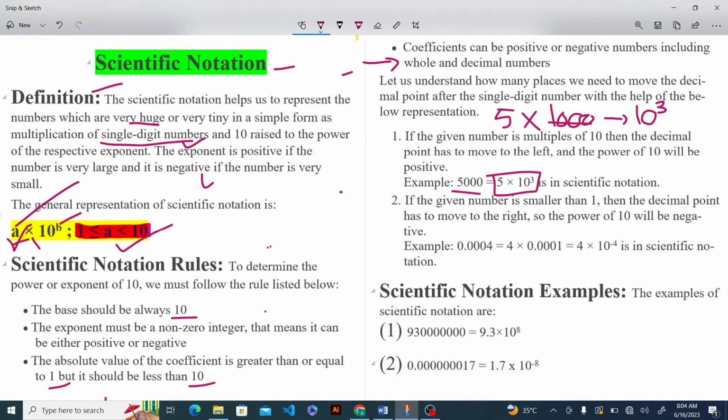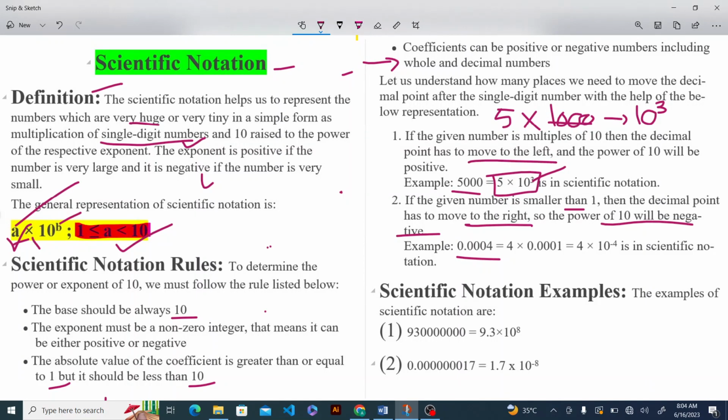Let us see the next example, which is for a smaller number. If we have this number 0.0004, how are we going to write it in scientific notation form? If the given number is smaller than 1, then the decimal point has to move to the right, so the power of 10 will be negative. For larger numbers, the power of 10 will be positive and we move the decimal point to the left.